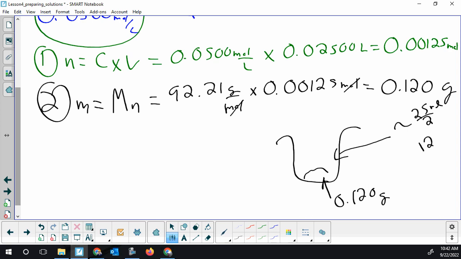So you're only going to want to put in 12 or 13 mLs when you dissolve it, which only gives you another 12 or so mLs that you can do your rinses with. So this would be really making something up that you have to be really careful with the total volume. So that's how you make up a solution.